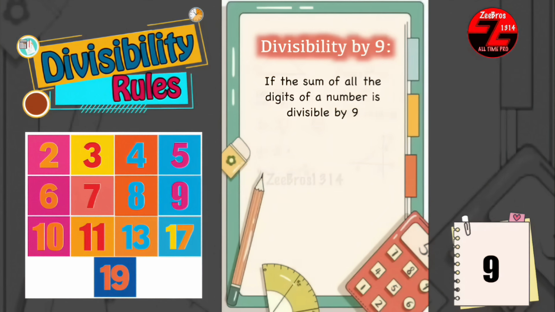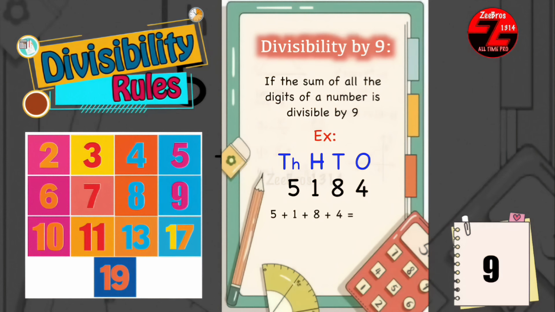A number is divisible by 9 if the sum of all the digits of a number is divisible by 9. For example, 5184. When we add all the digits of the number, it makes 18. 18 is divisible by 9. So, 5184 is also divisible by 9.